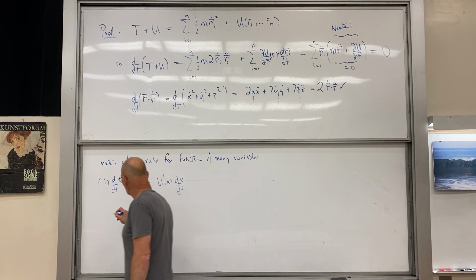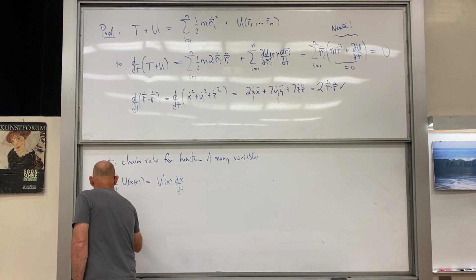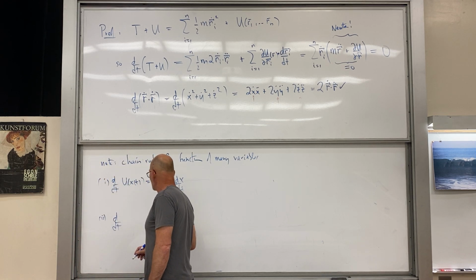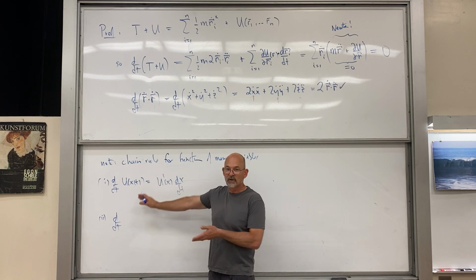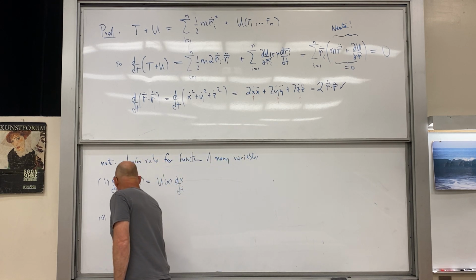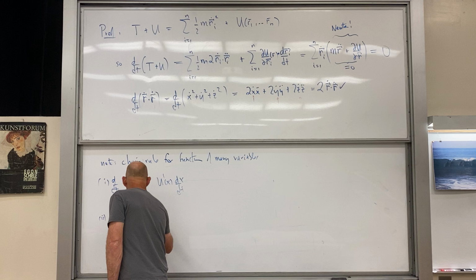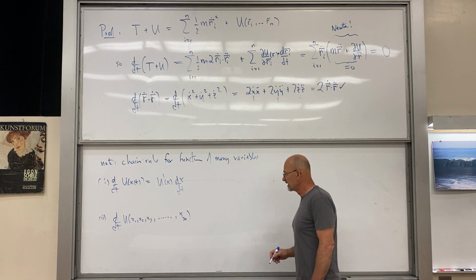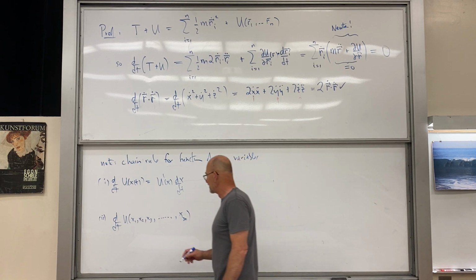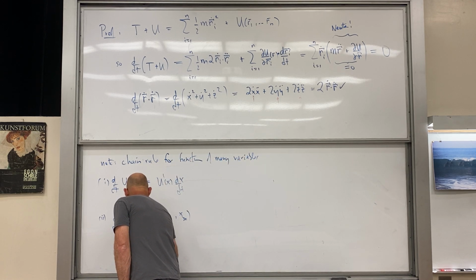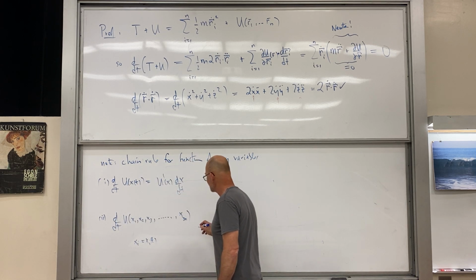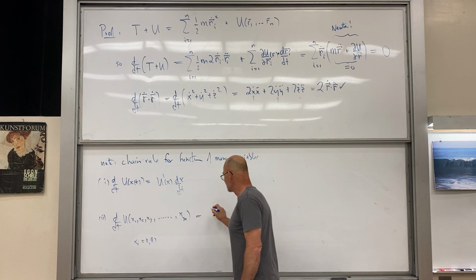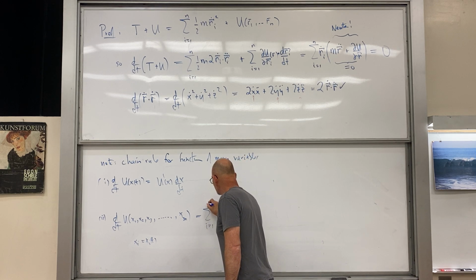For a function of many variables, if we take the time derivative, of course it wouldn't have to be time, but since we're talking about time derivatives, I'll just do it this way. Suppose we had u of x1, x2, x3, all the way to x sub 3n, and they're all functions of time, x sub I equals x sub I of t. Then it's just going to be the sum over I equals 1 to 3n.